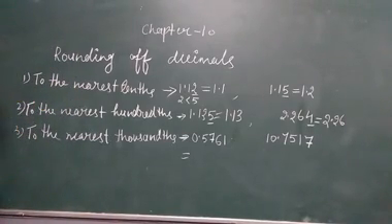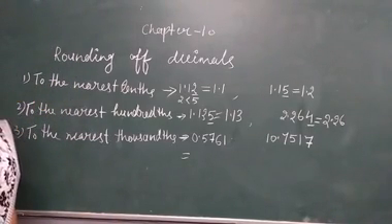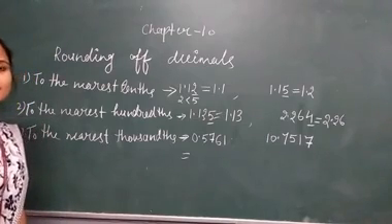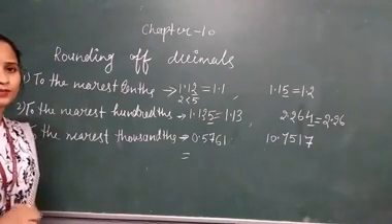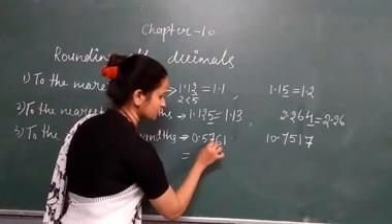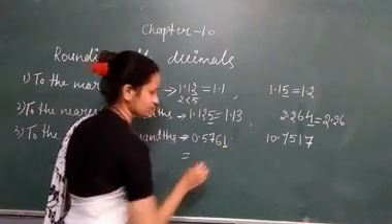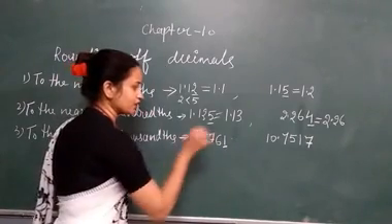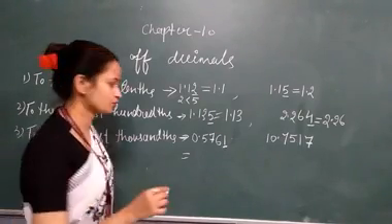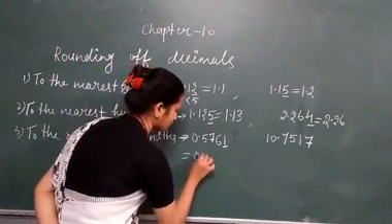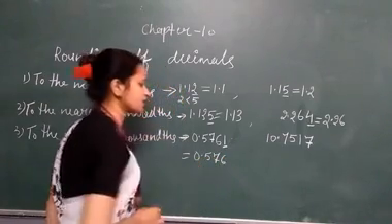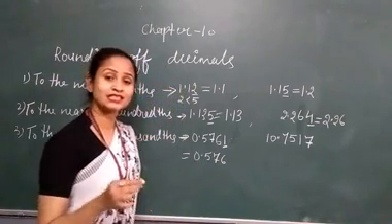Now third one, to the nearest thousands. For thousands, we see the digit in the 10,000s place. Means tens, hundreds, thousands, and 10,000s. We can see the digit in the 10,000 place is less than 5. So our answer will be 0.576. In this number, we will not add 1. Why? Because it is less than 5.